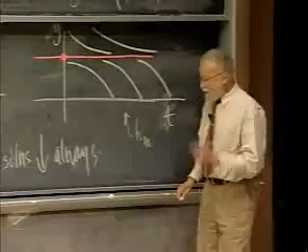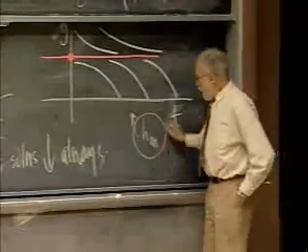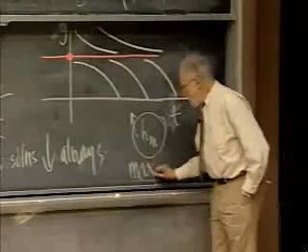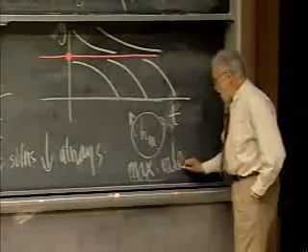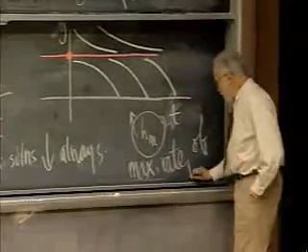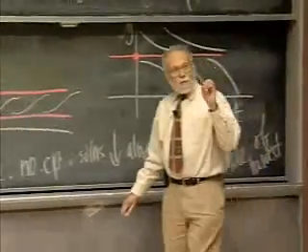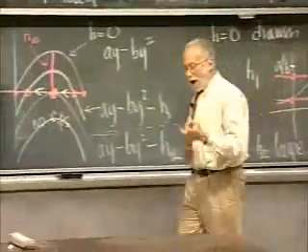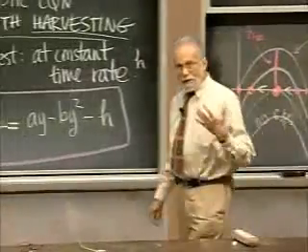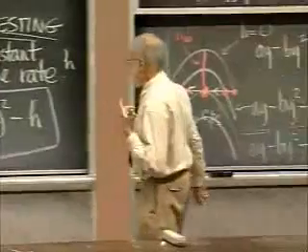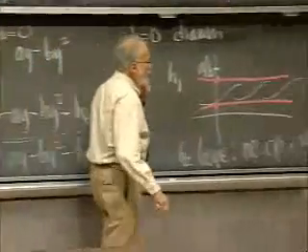What is the significance of h sub m? h sub m is the maximum rate of harvesting. It's an extremely important number for this industry. It's the maximum rate, time rate, at which you can pull the salmon daily out of the water and can them without what happening?